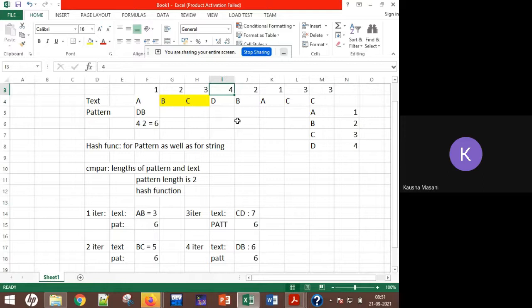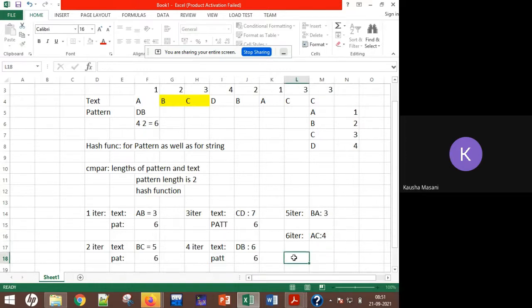Now if you go further, in the fifth iteration, what is the text? BA. Hash value will be 3. Again, not matching. Sixth iteration, value is AC. What is the hash value? 4.